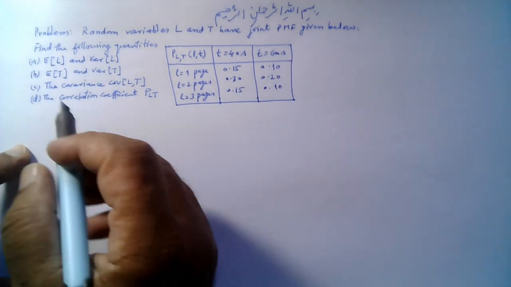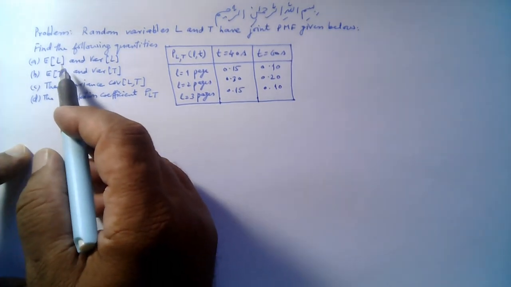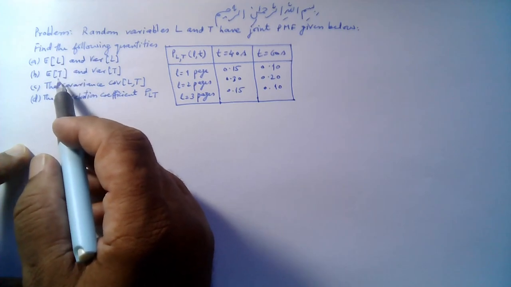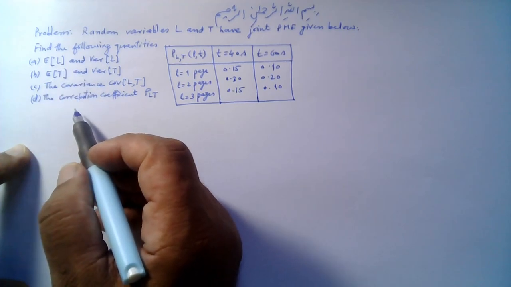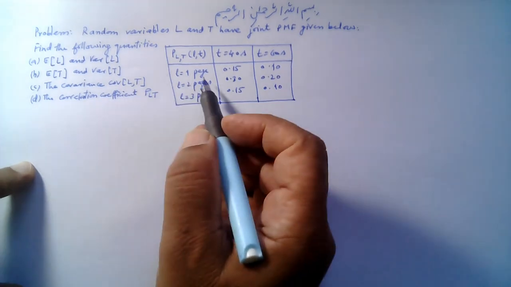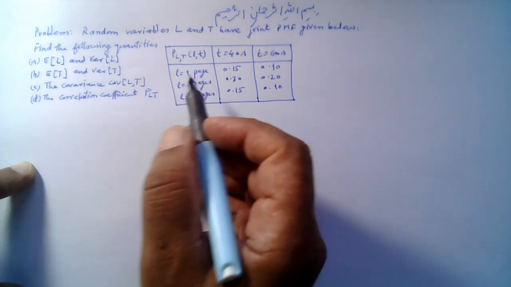So before we can find the expected value of L and expected value of T, we need to find their marginal PMFs from this given data, right?